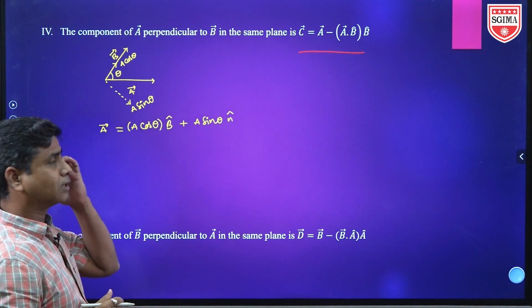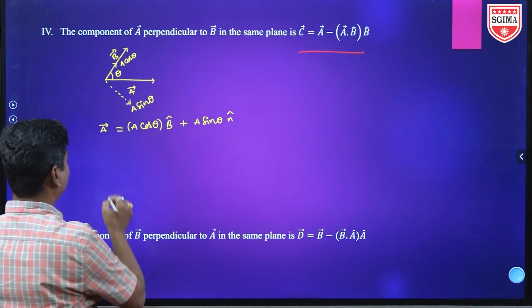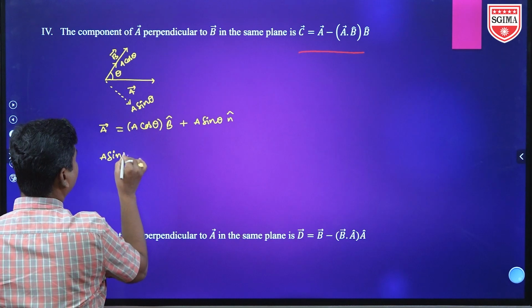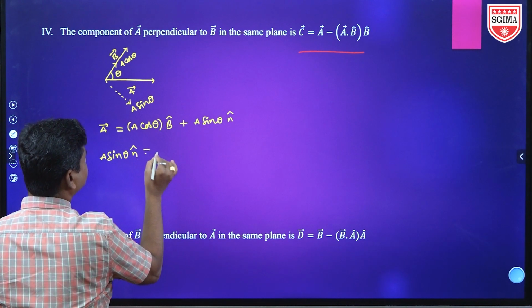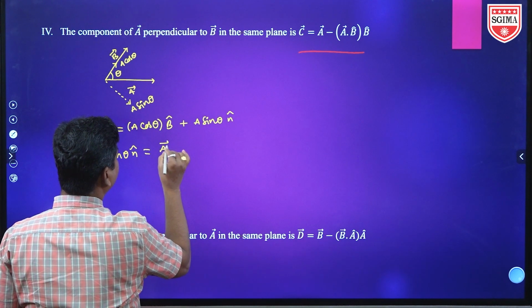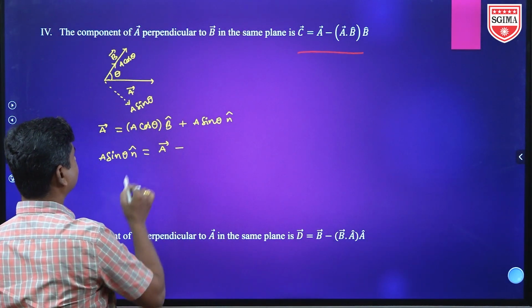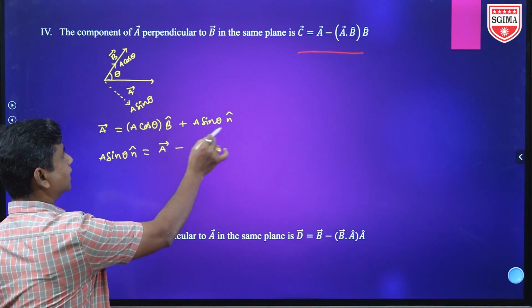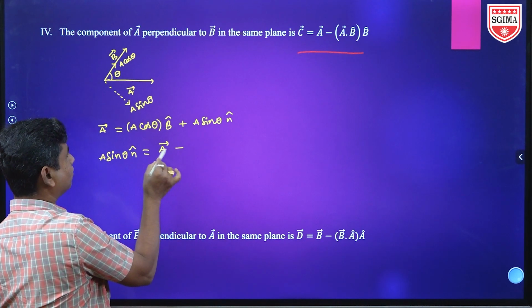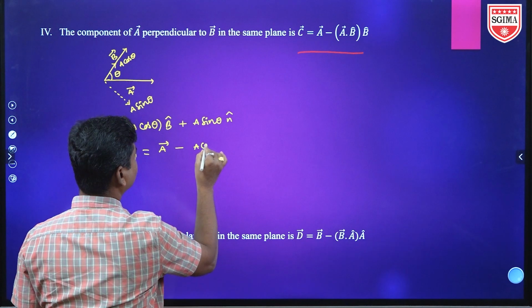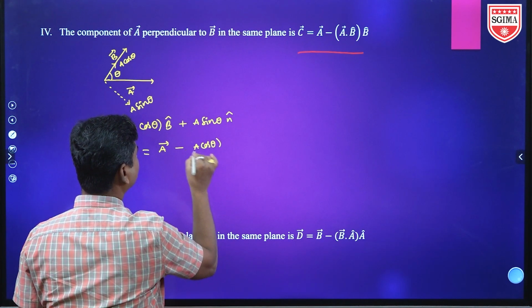I will take it as n cap. From this, A sin theta n cap is equal to a bar minus this term, A cos theta into b cap.